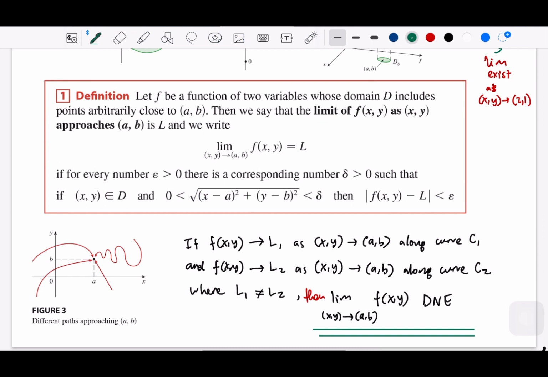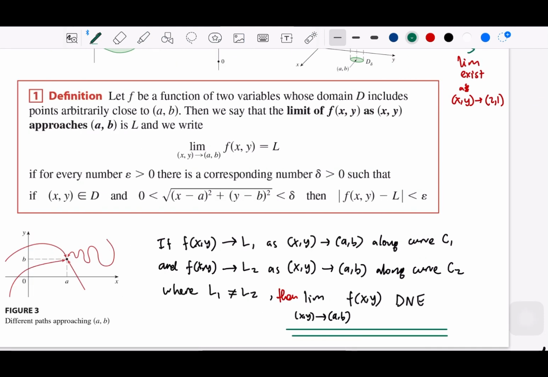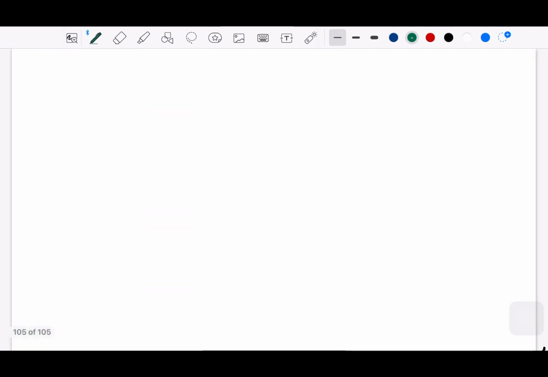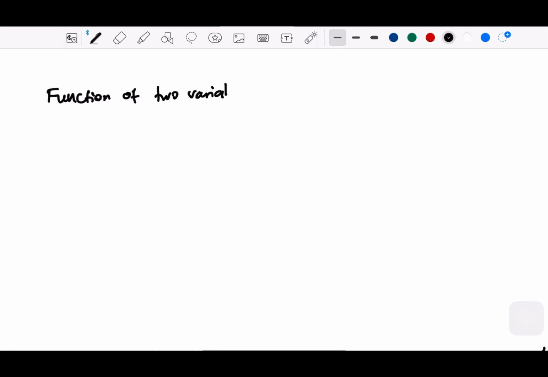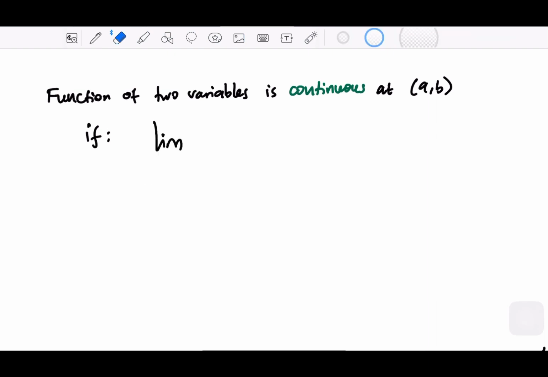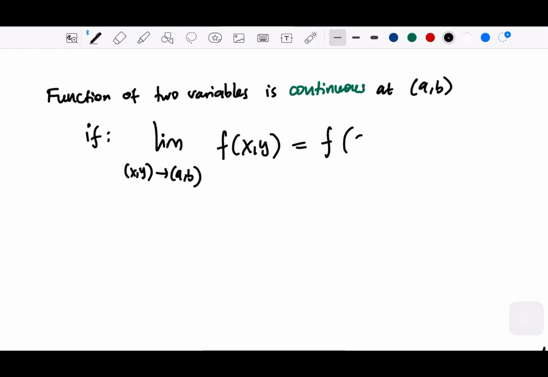So continuity, the same definition: the limit is equal to its own function value. So a function of two variables is continuous at (a, b) if the limit of f(x, y) is equal to the function at (a, b).